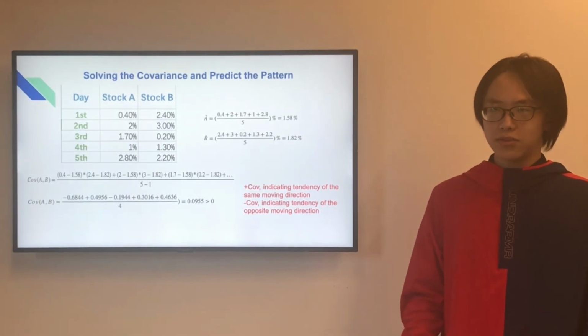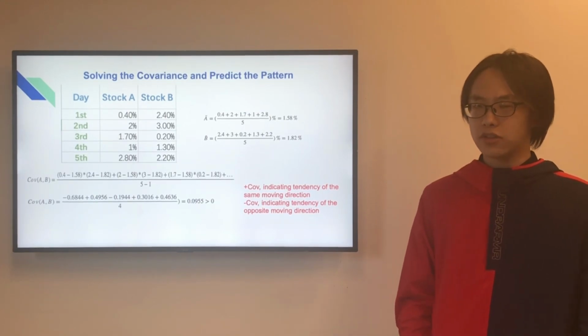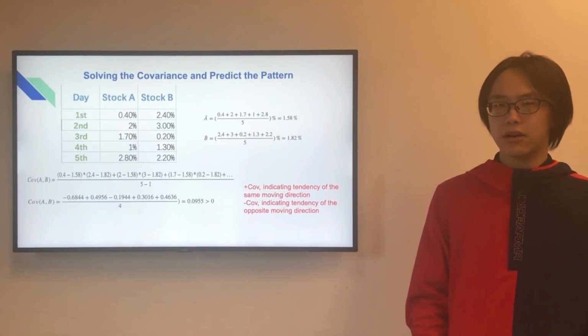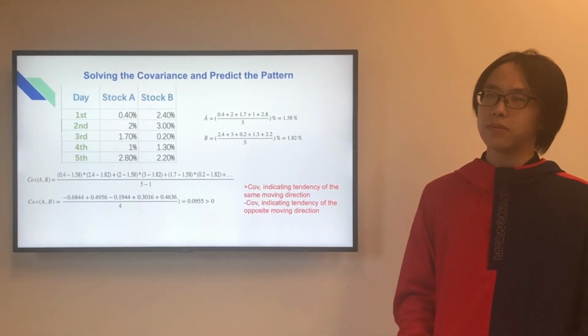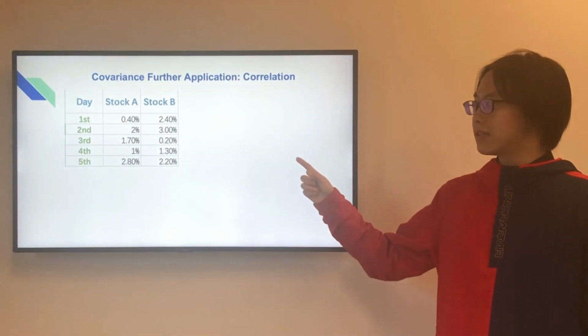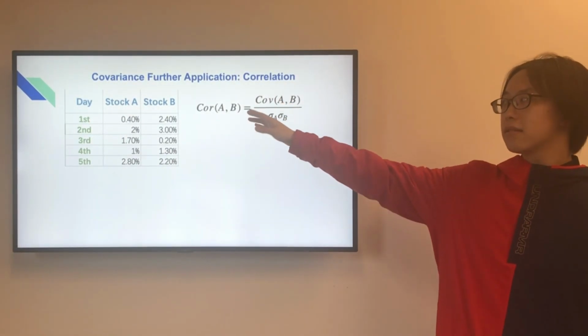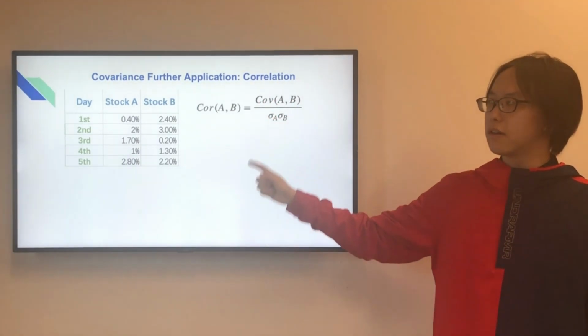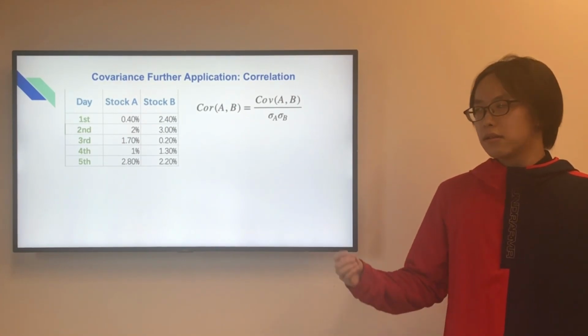But simply by this, we cannot get enough information. You may wonder how well they move together. So now we introduce a new concept called correlation. The equation goes like this. You can check that it is simply covariance divided by the standard deviations of the two data sets.